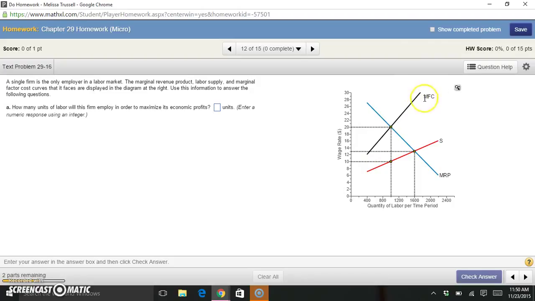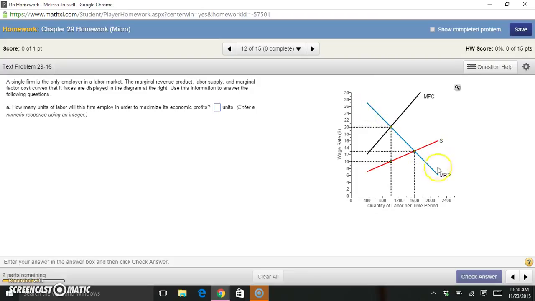You can think of marginal factor cost as very similar to what we called marginal cost when we were talking about products or things that we were making. So the black line here is our marginal cost curve for labor, the marginal factor cost, the amount of extra cost that we incur by hiring one more person.